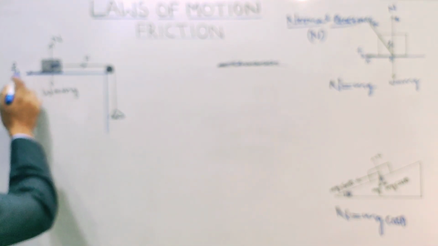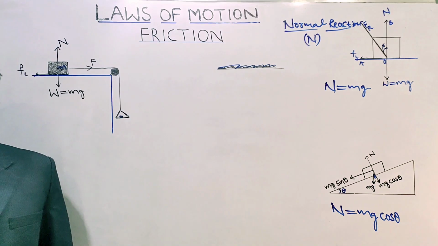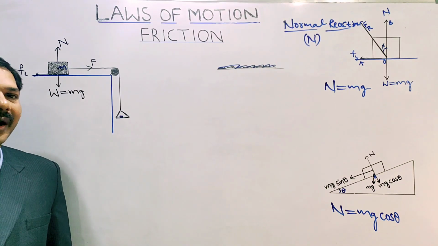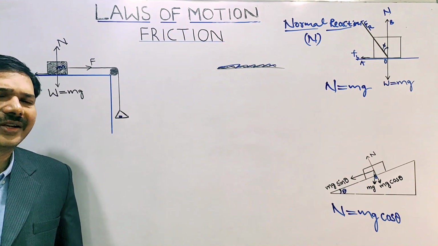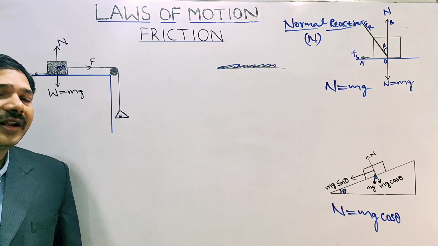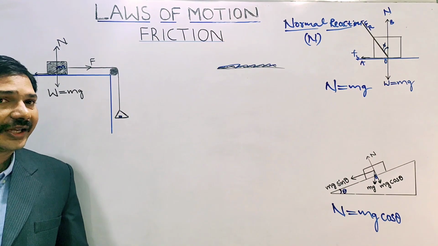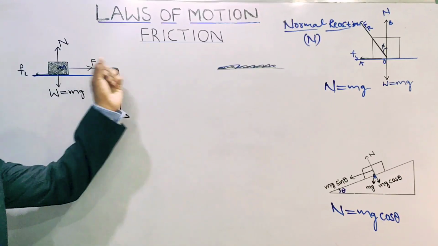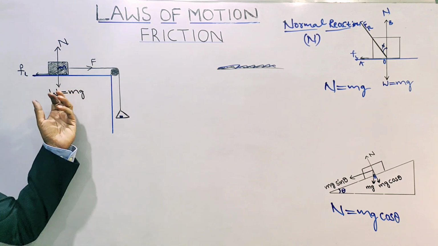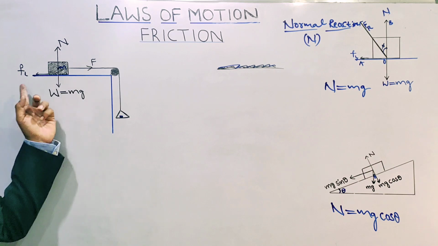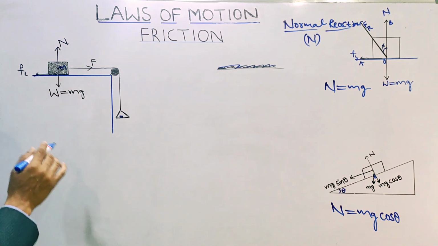Why? Because some force is acting against it. That is called static friction. The body does not move, it is at rest, stationary, so that type of friction is called static friction.